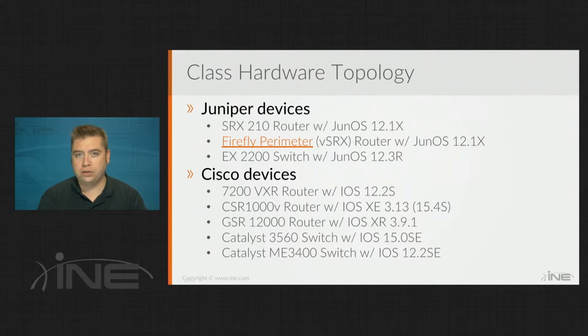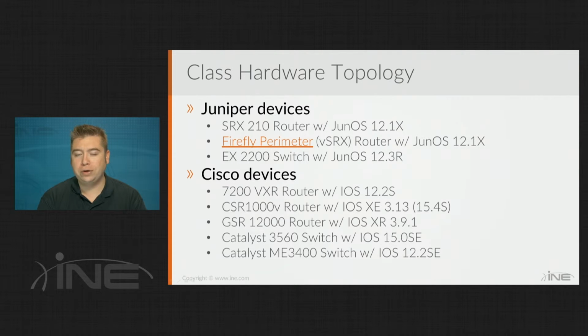We also have the virtualized version of that, which is the cloud services router, the CSR 1000V, which like the Firefly Perimeter, is basically a virtual machine that runs the OS, and it's fully functional. We'll see from a syntax point of view, just like the Juniper vSRX is.